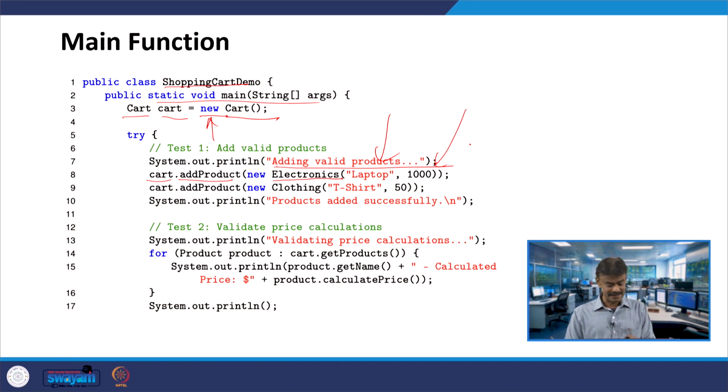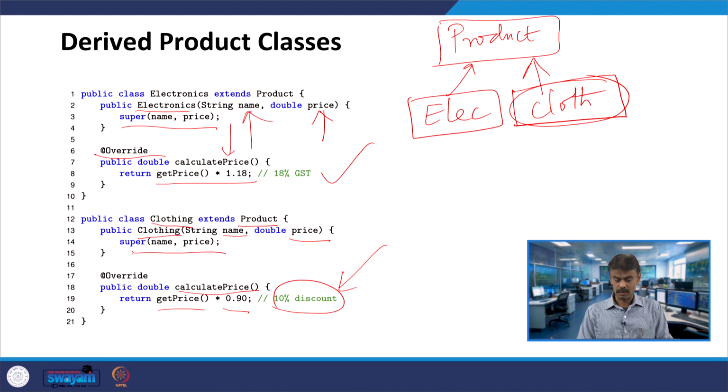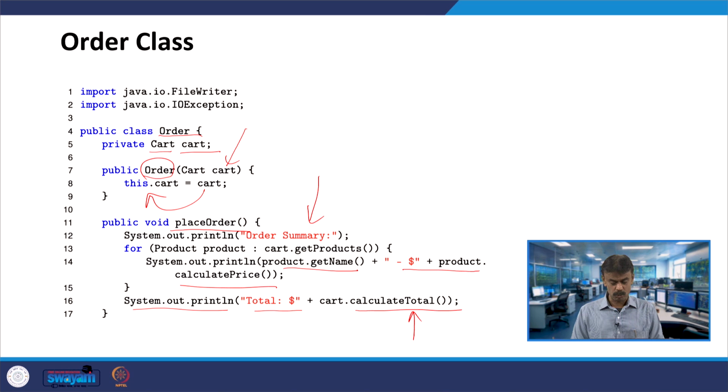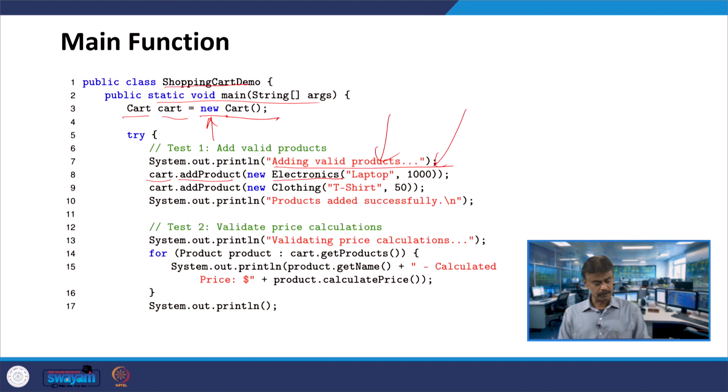We had seen all these classes, Electronics, Clothing, because I have written them. In class Electronics you have the constructor, passing name and price: name is laptop and price is $1000. Then Clothing t-shirt 50, addProduct. Products are added successfully, you are adding the valid products, that is test 1.